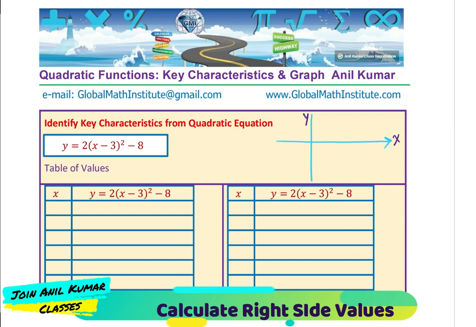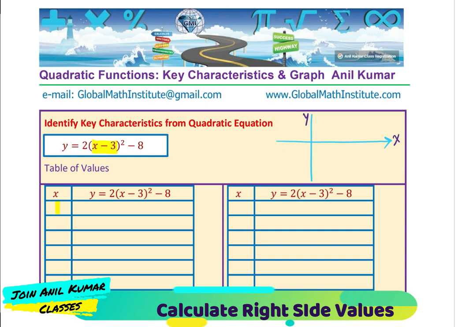So now the very first question which students will ask is which value to start with, right? So I will say the key value is the vertex. When will this be 0? This is going to be 0 at 3, correct? So 3 is the key value, right?